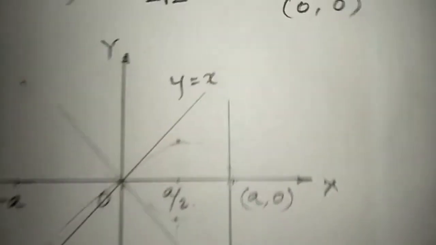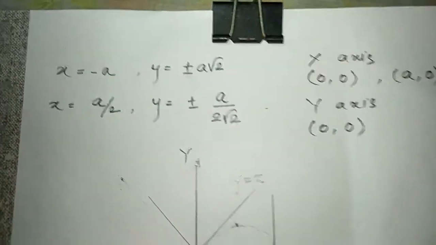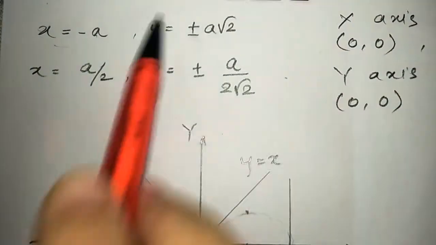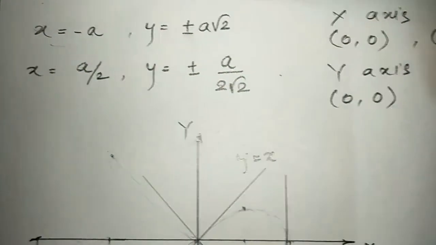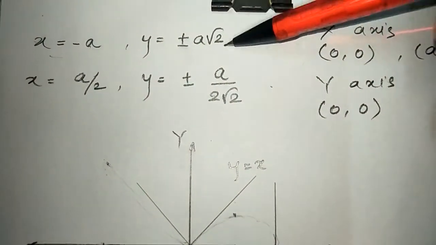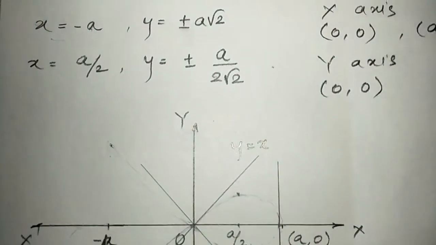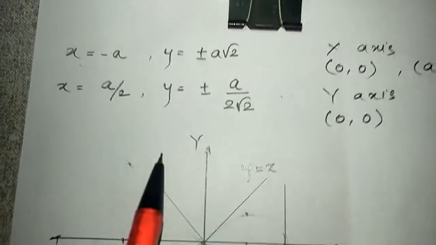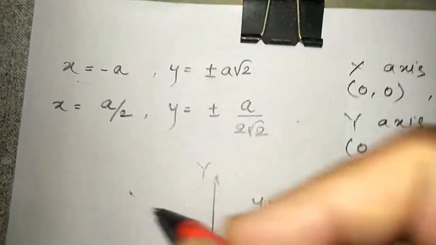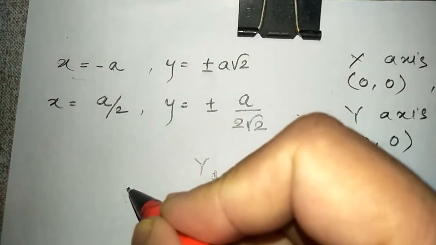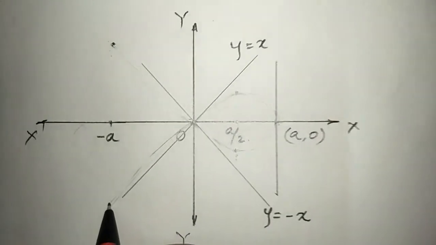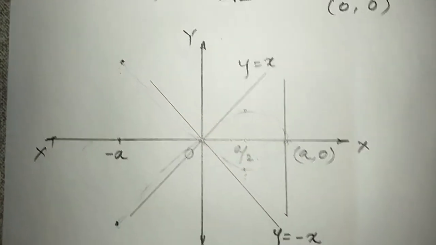So now, with the help of this information, when x is minus a, y is plus minus a root 2. Suppose this is x equal to minus a. y is plus minus a root 2. The points are, this is plus a root 2, this is minus a root 2.